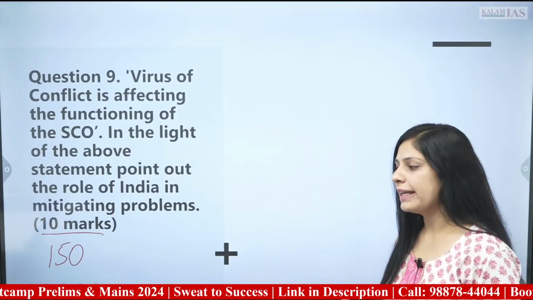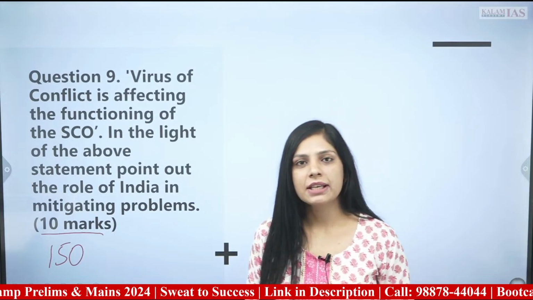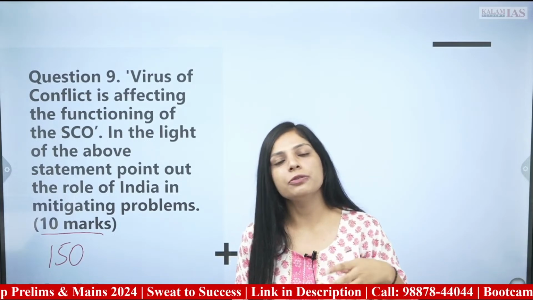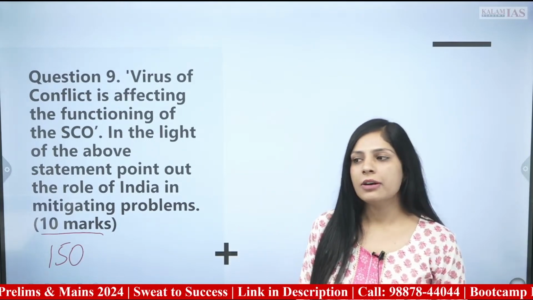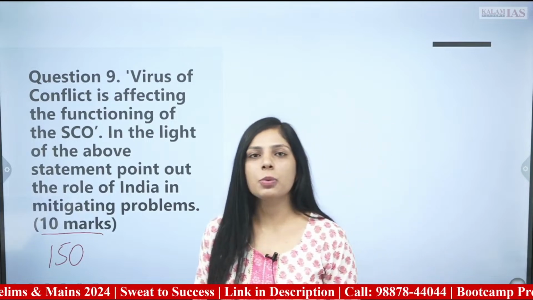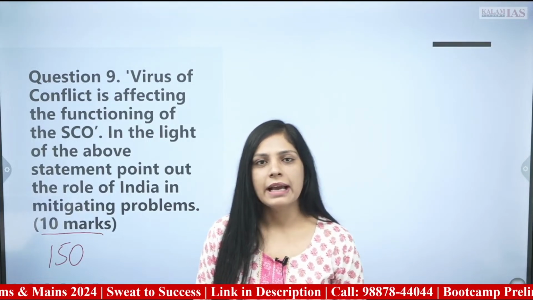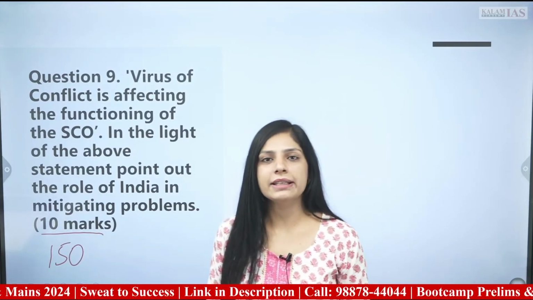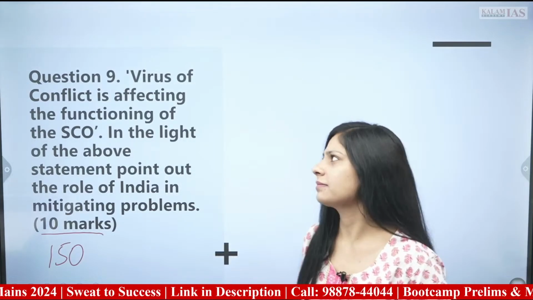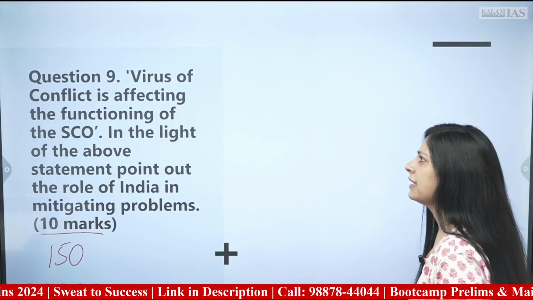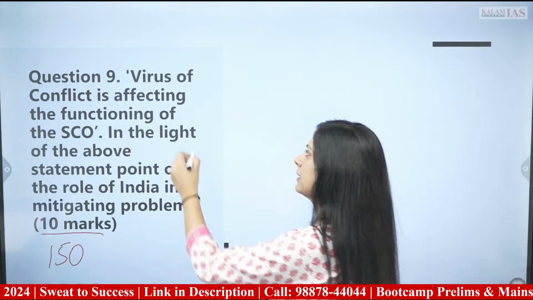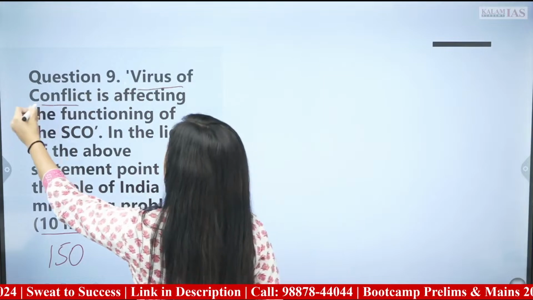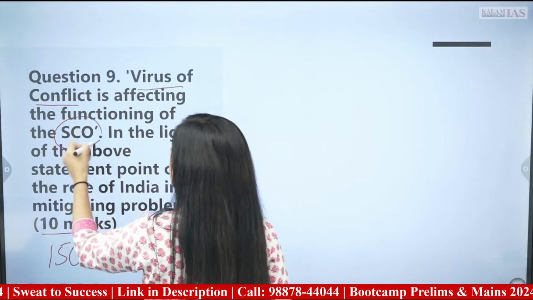See, before trying to attempt any question, we should break it into a few parts, look at what is the main theme which the question is revolving around and what are the key words which we have to address in the main content, right? So this question, virus of conflict is affecting the functioning of SCO.